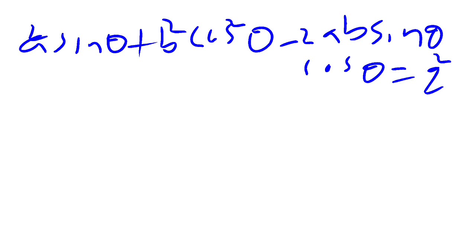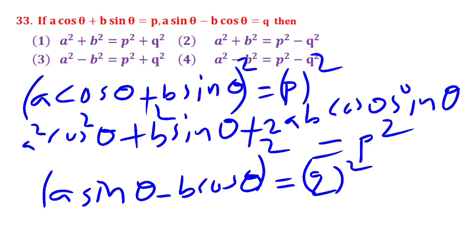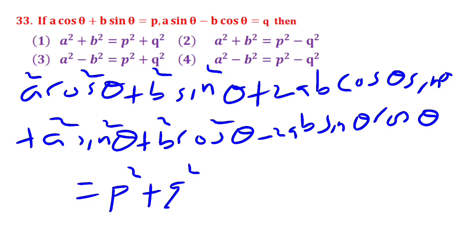Now observe both equations. We need to cancel the trigonometric ratios. So whether you want to do addition or subtraction of these two equations, let's do the addition. Here on the LHS, plus 2ab cos theta sin theta and minus 2ab sin theta cos theta both get cancelled.